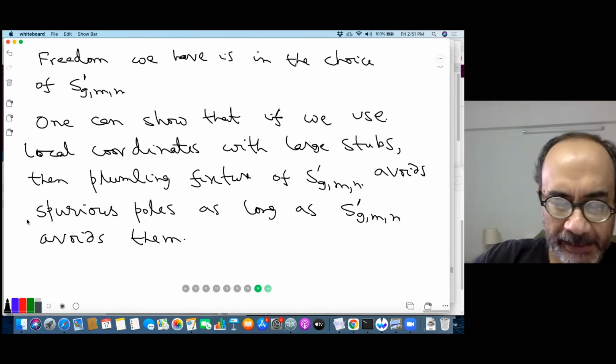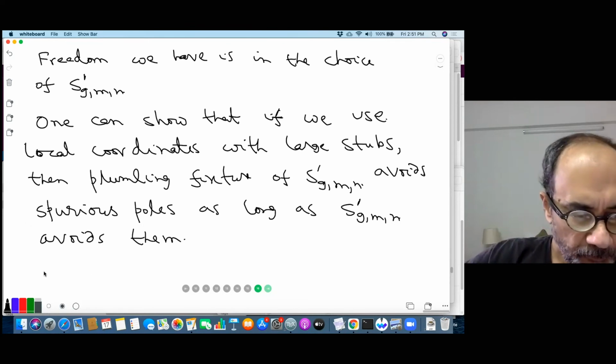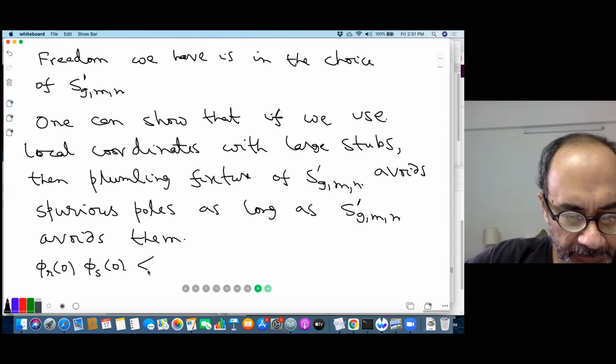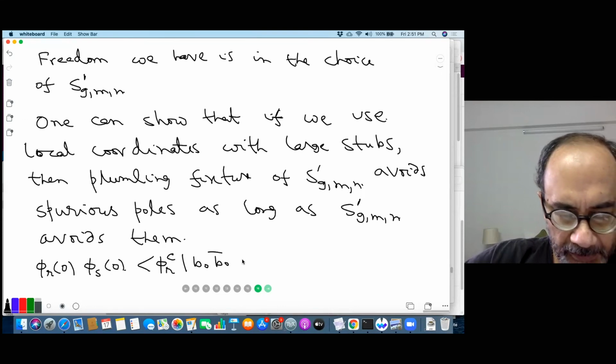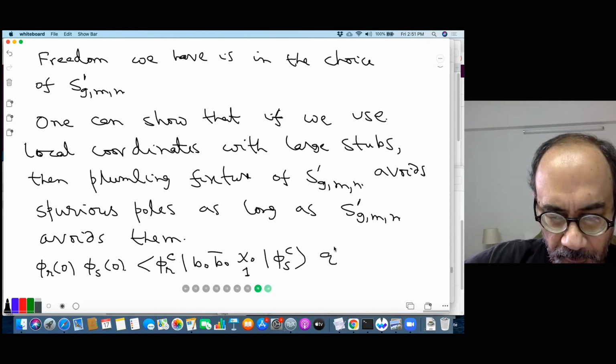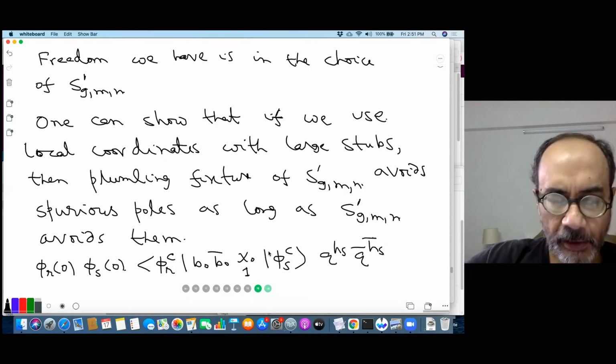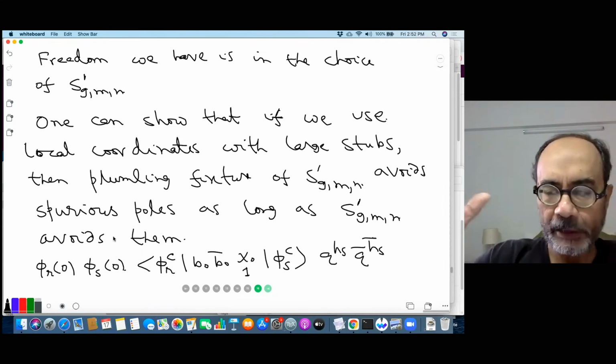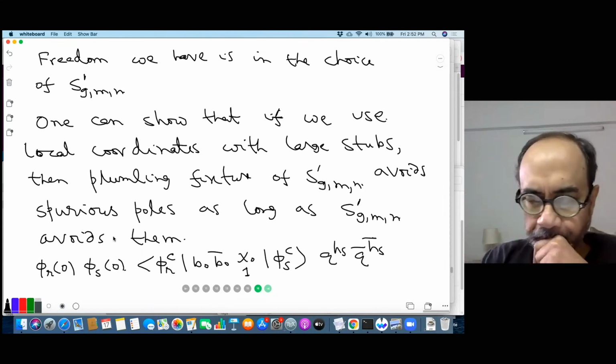Essentially it follows from the convergence: if you have phi r of 0, phi s of 0, and then phi rc b0 bar, and then either chi 0 or 1, depending on whether it's Ramond or Neveu-Schwarz, this is multiplied by the integration over the S prime Gmns, which are all finite.